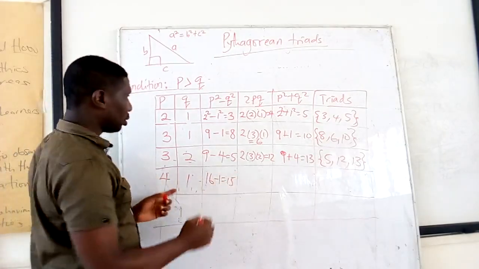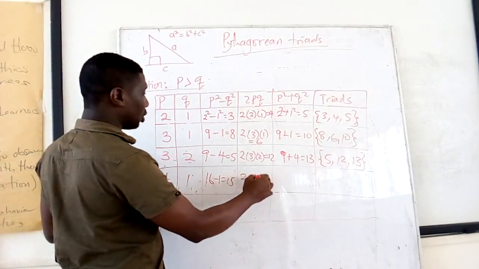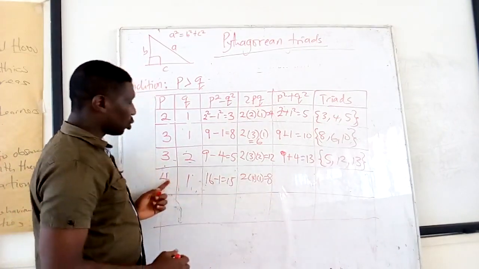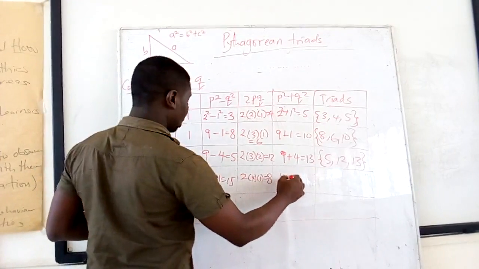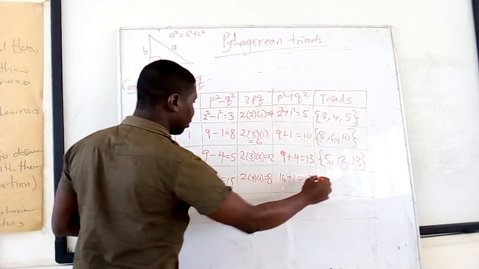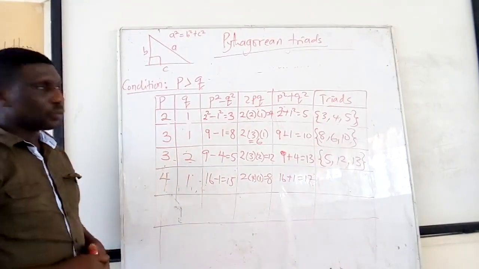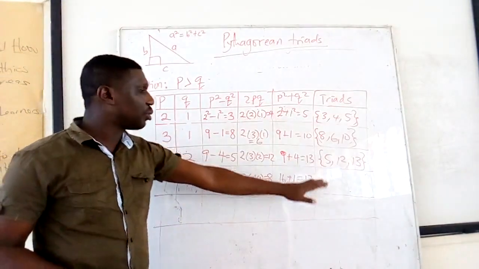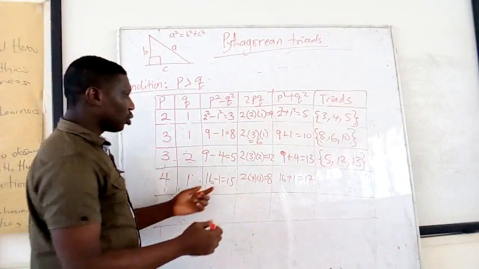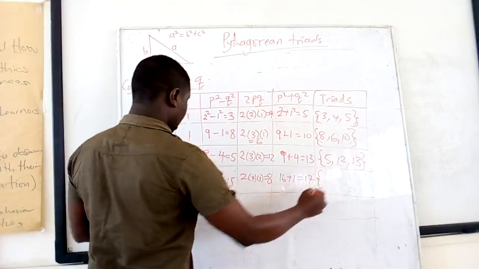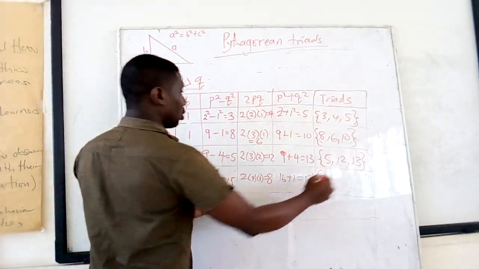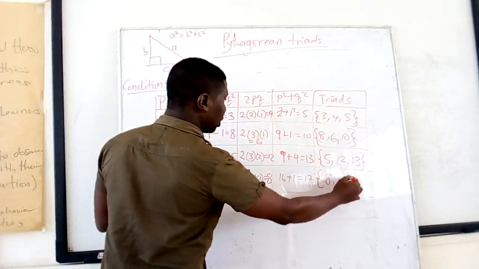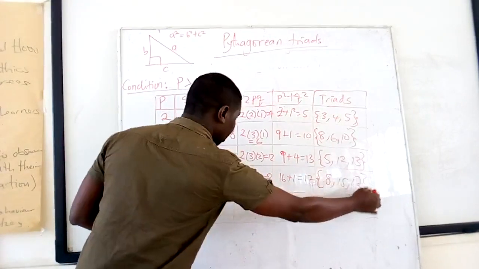And then 2 times 4 times 1, which will give us 8. And then also 16 plus 1, which will give us 17. So you just plug in these P and Q and then generate your triads. So in this case, you are going to get 8, 15, and 17.